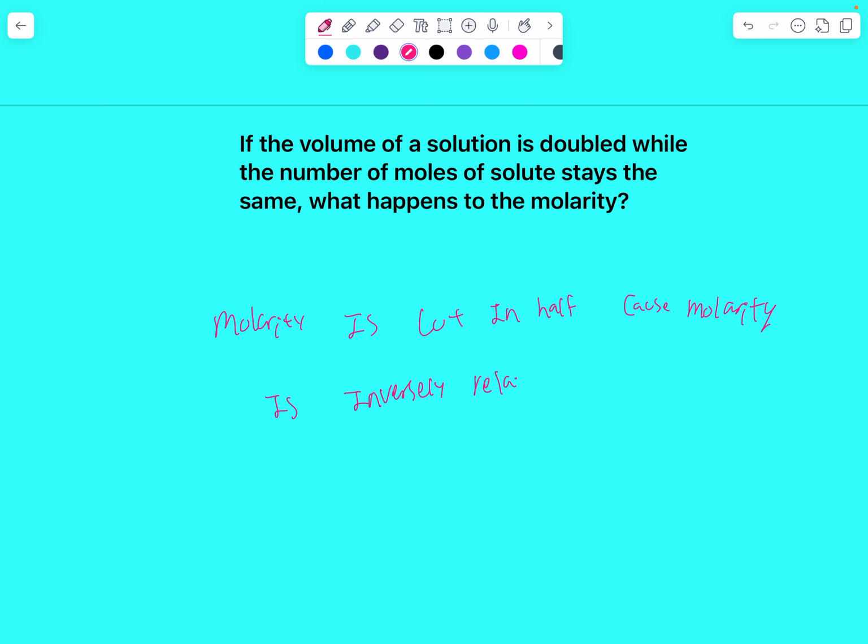And y'all saw that when I wrote the equation out. One was up there in the numerator and the other one was in the denominator. It's inversely related to volume. Okay? More volume with the same solute means a more dilute solution.